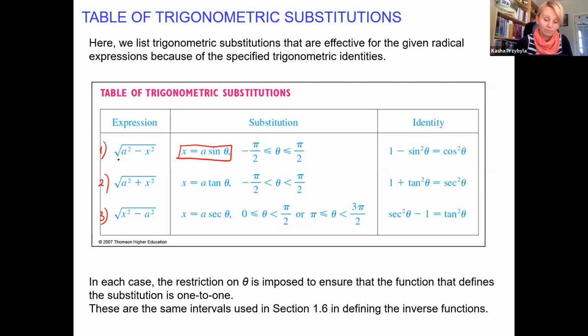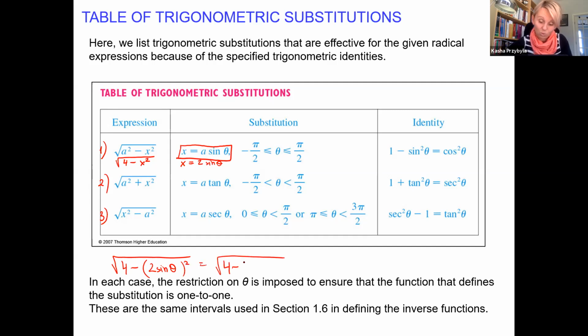For example, if you see 4 minus x squared, what substitution will you do? 2 sine theta, because that 4 forces me to have this additional coefficient. Now you can probably guess why. I can substitute 2 sine theta instead of x. Let me work just the first one. We will have 4 minus (2 sine theta) squared.